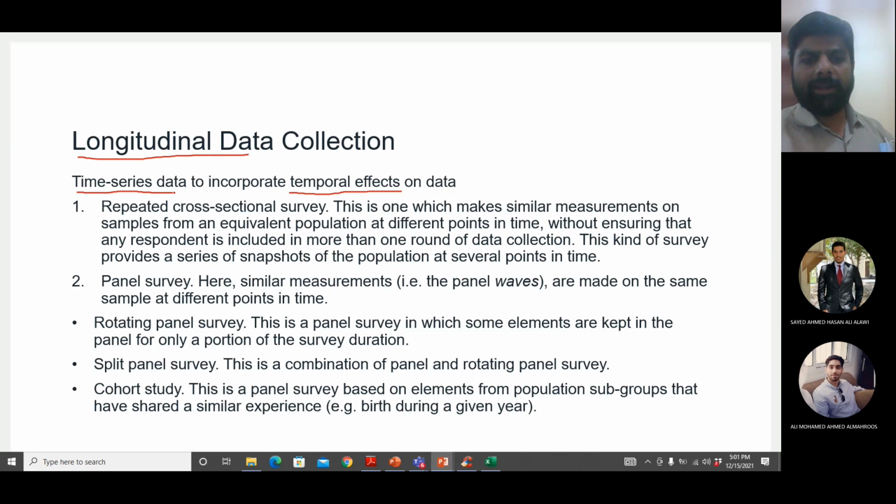A rotating panel means that some elements are kept constant and then some are rotating.